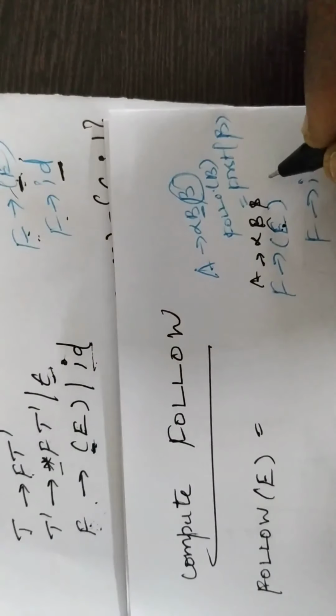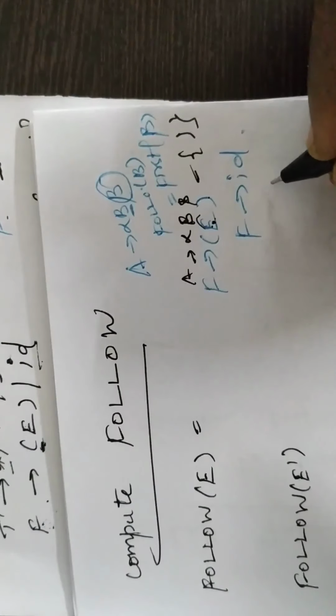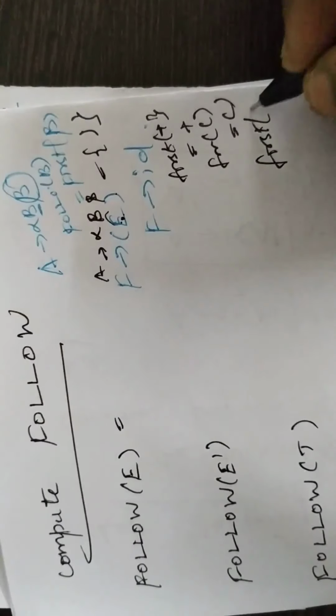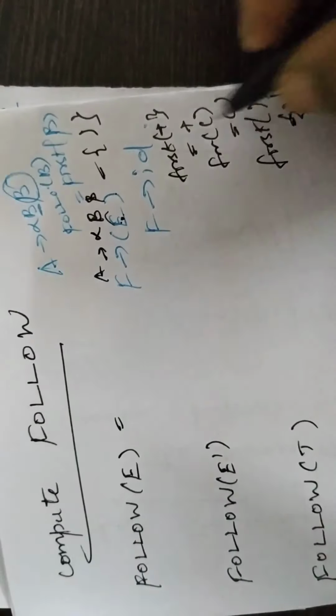So what is follow of E? Follow of E is first of beta. What is first of beta? First of beta is the close bracket. It is a terminal, so first of a terminal is the terminal itself. First of plus is plus itself, first of open bracket is open bracket itself, first of close bracket is close bracket itself, first of star is star itself.